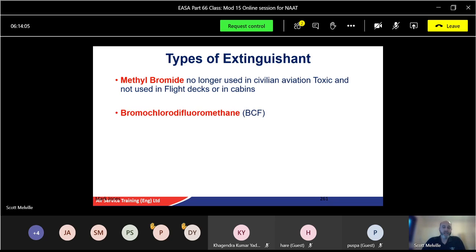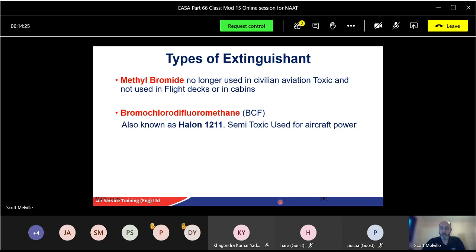Bromochlorodifluoromethane, commonly known as BCF. This one you want to remember, and make a note that it's also known as halon 1211. So BCF is also known as halon 1211.